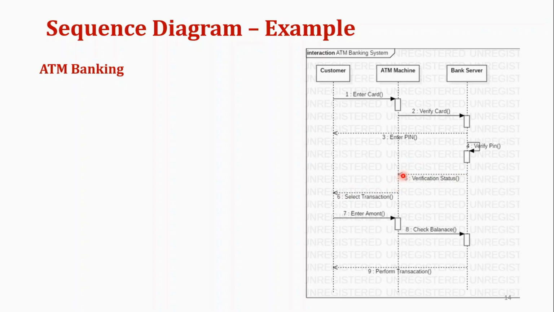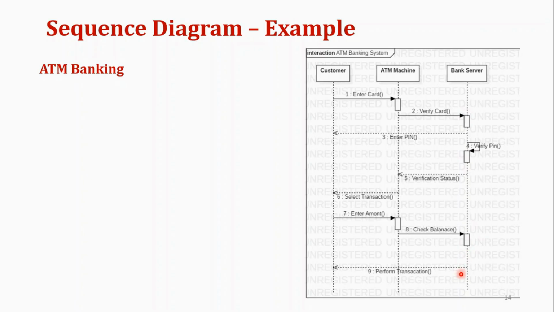If it is a success, the user can select the transaction, maybe a money transaction or balance checking or whatever it is. For every transaction, the lifeline keeps going on, and the particular box represents the activation.